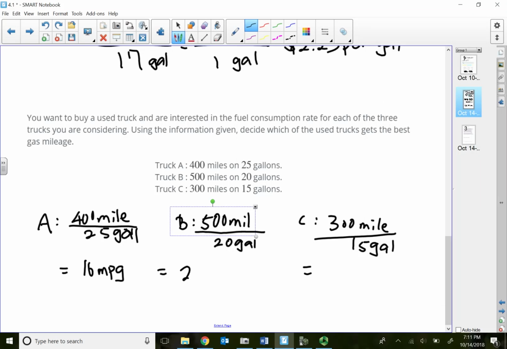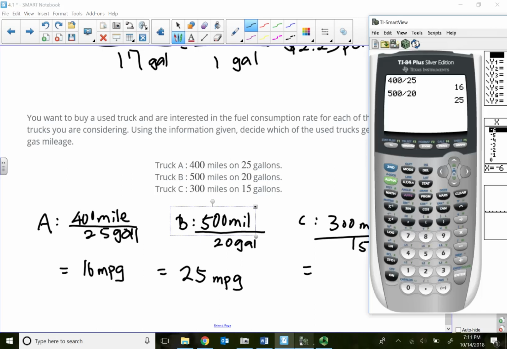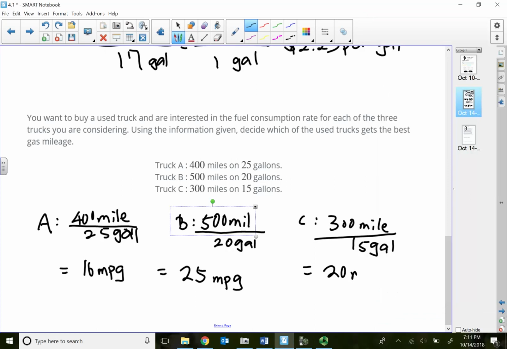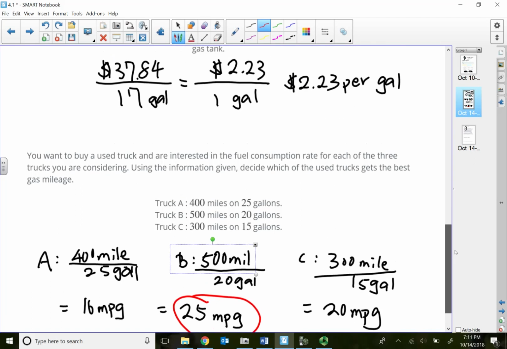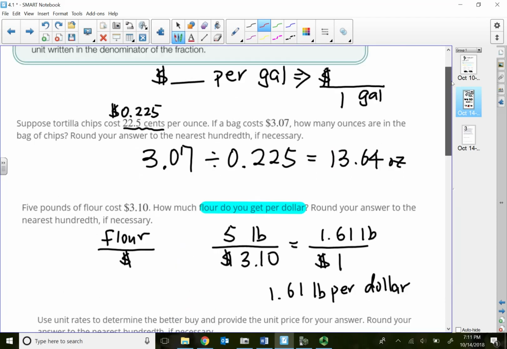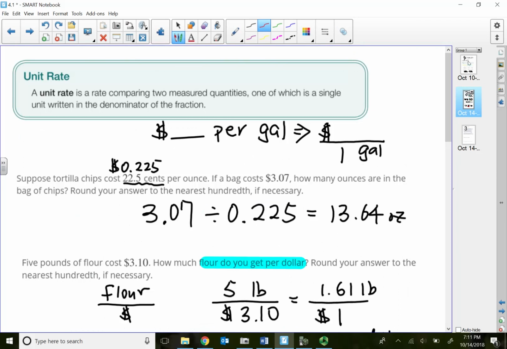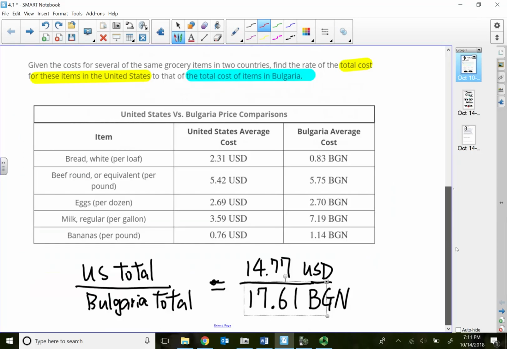Ooh, that's way better, 25 miles per gallon. 300 miles divided by 15 is 20 miles per gallon. So the best one has to be truck B, because truck B gives me 25 miles per gallon. All right, so in this lecture video, we quickly talked about rate and unit rate, which we encounter very often in our daily lives. All right, that will conclude this lecture video. Thank you for watching.